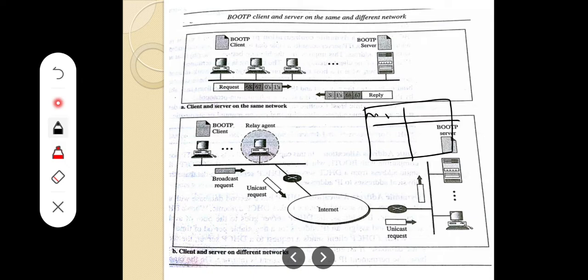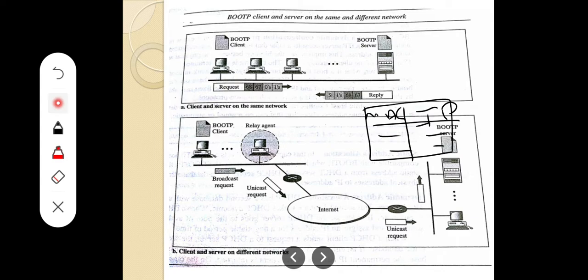That is, the corresponding IP address of a MAC address is mentioned in this table. When a request comes from the client, the server will look into this table: this MAC has come, so what is the IP address of this MAC? This is the IP address. Then it will respond. This is what is done in the Bootp server.